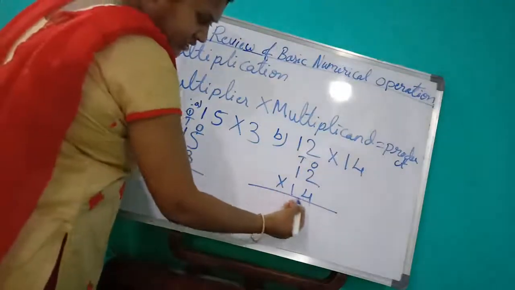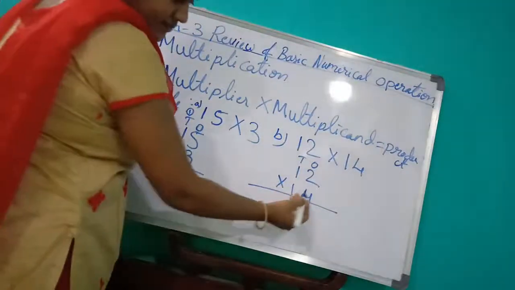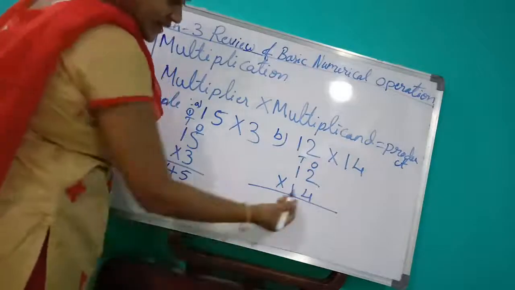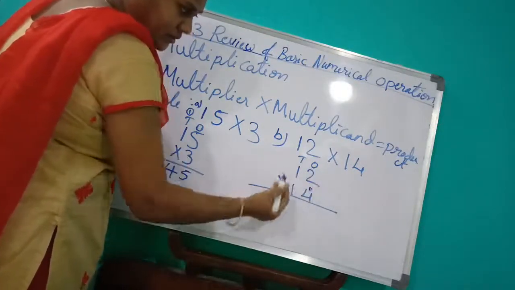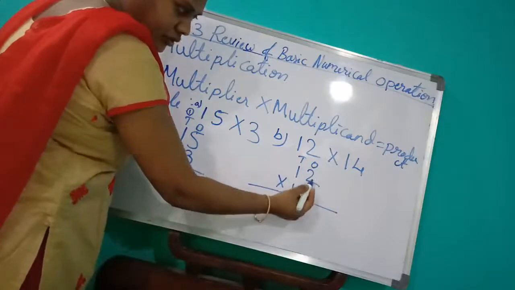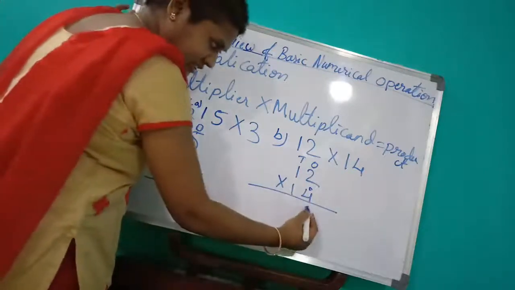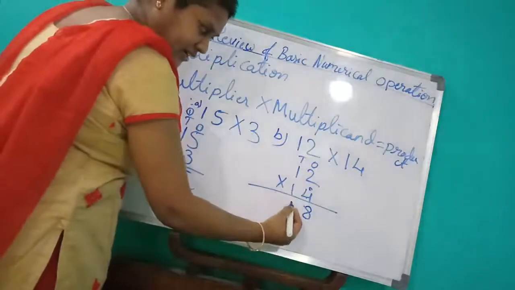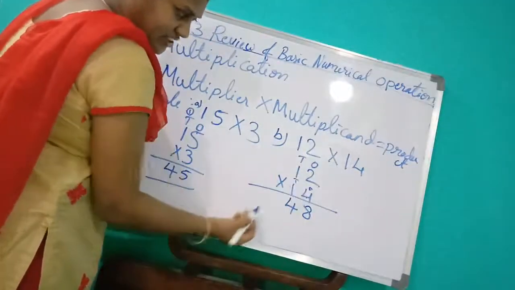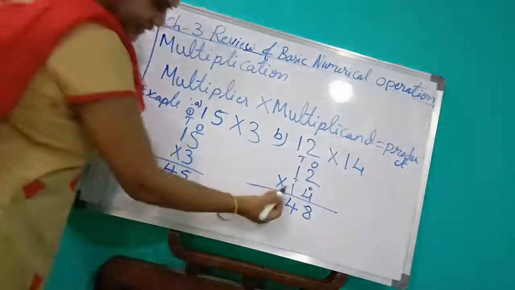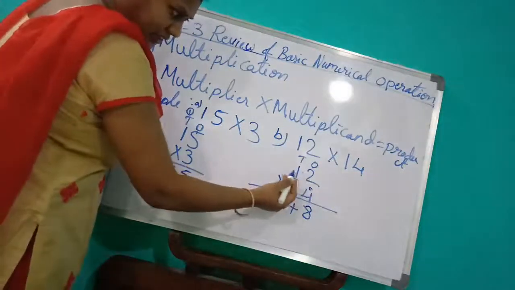In these two numbers, which one is in the ones place? 4 is in the ones place. With this 4 you should multiply these two numbers: 4 2s are 8, 4 1s are 4. Again, in the tens place, which number is here? 1. With this number you should multiply these two numbers.